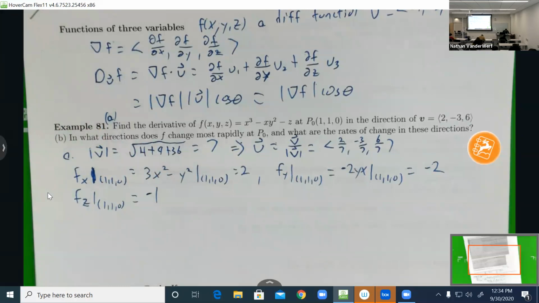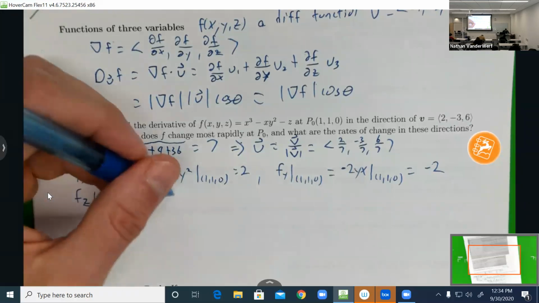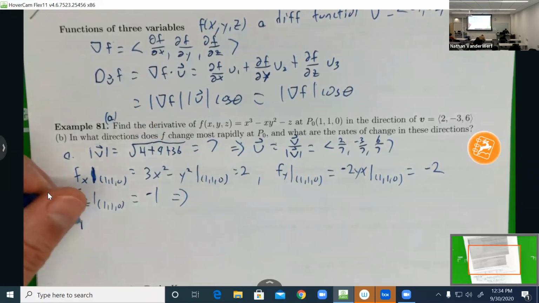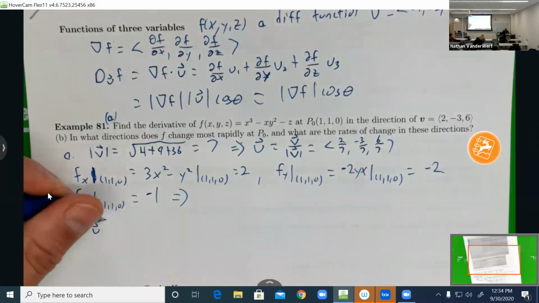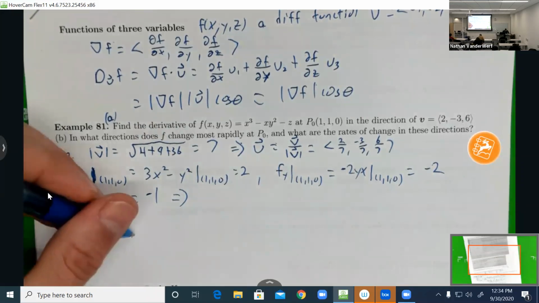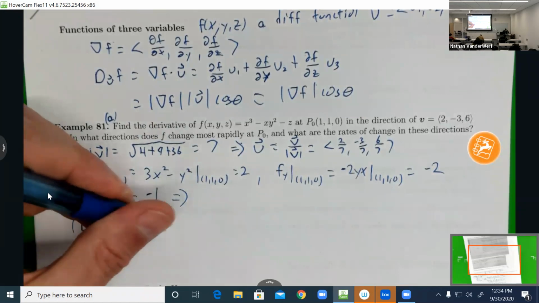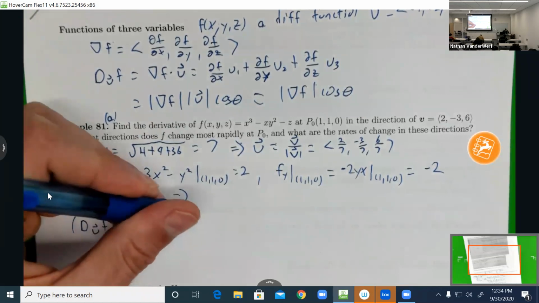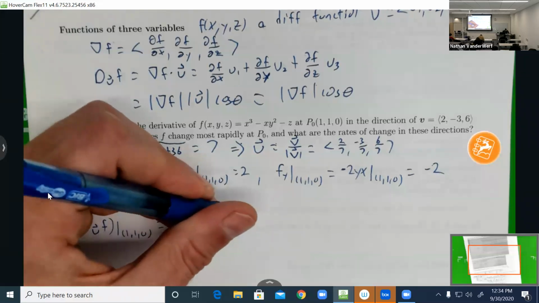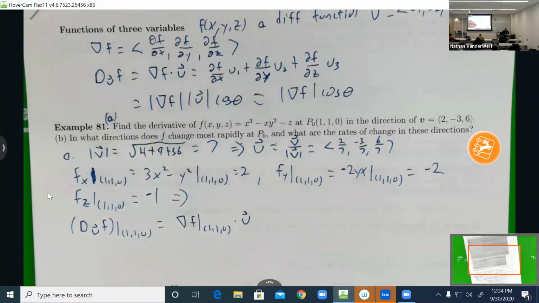All right, so with that, let's see, so the directional derivative D_u f at (1, 1, 0) is going to be the gradient of f at (1, 1, 0) dotted with u, right?